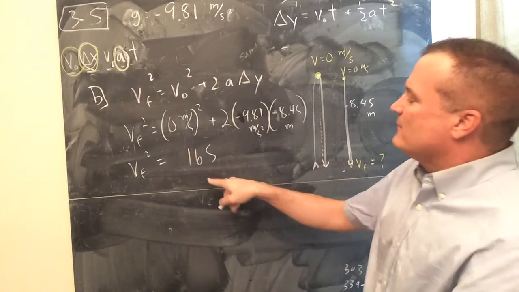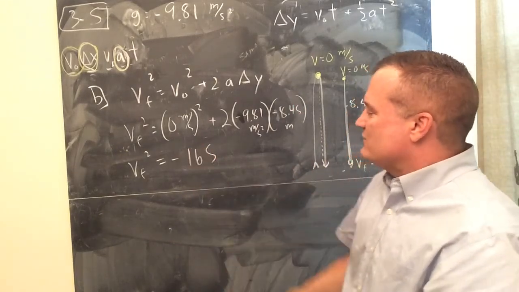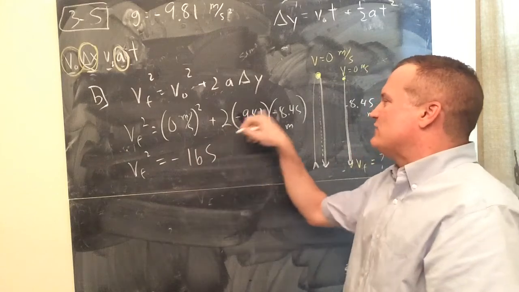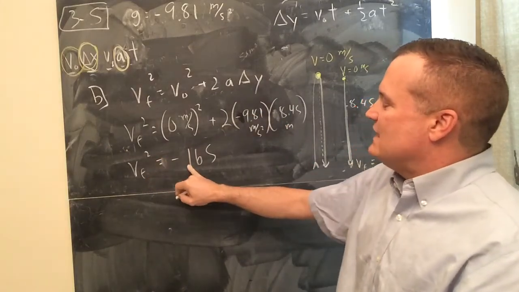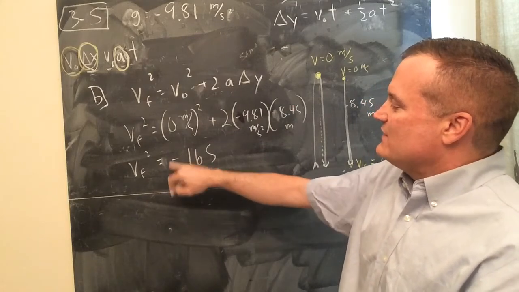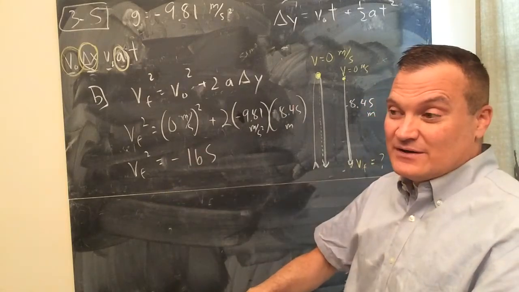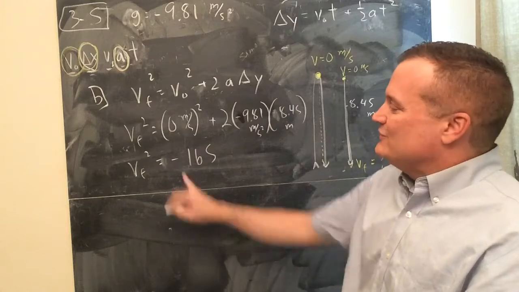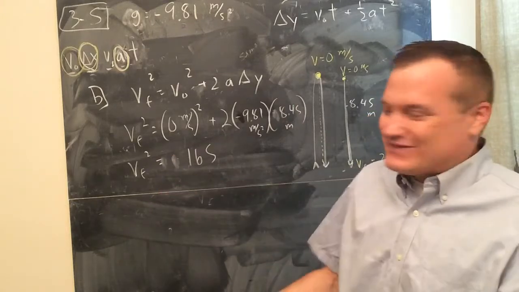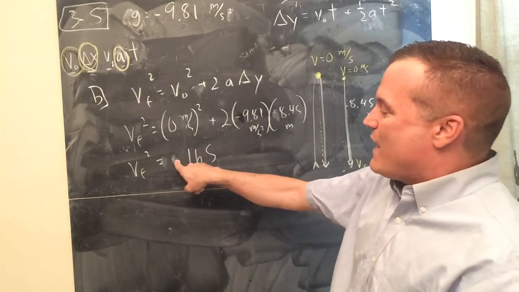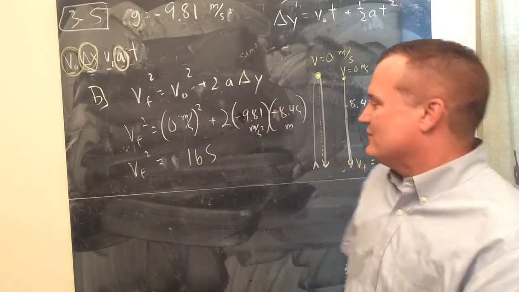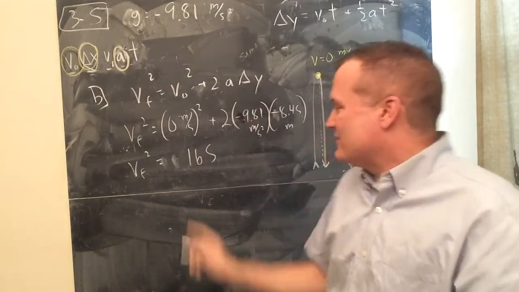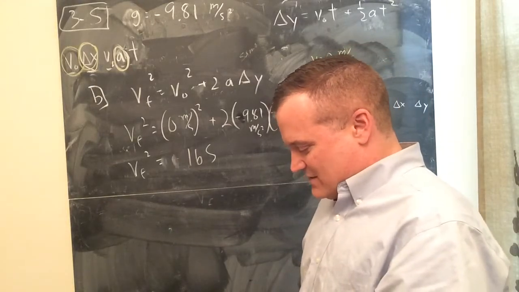But if you're doing a problem like this and you forget to put a negative in there and you get V final squared is negative 165, you think, well, I can't find the square root of a negative number. Well, you can just erase it and find the square root. You're going to get the answer. But technically, you might want to see why is that negative there, and hopefully you'll remember, oh yeah, they both have to be negative. Or they can both be positive. Okay, talking about all this stuff, because you might see it.